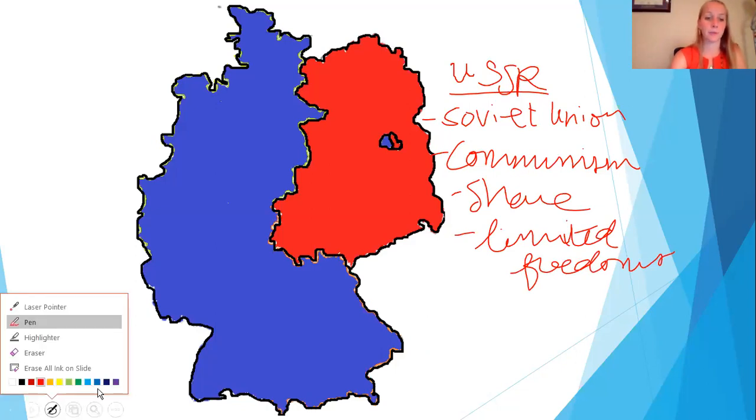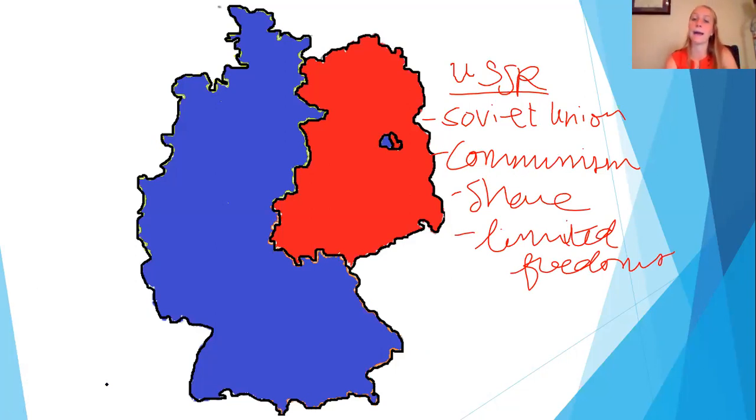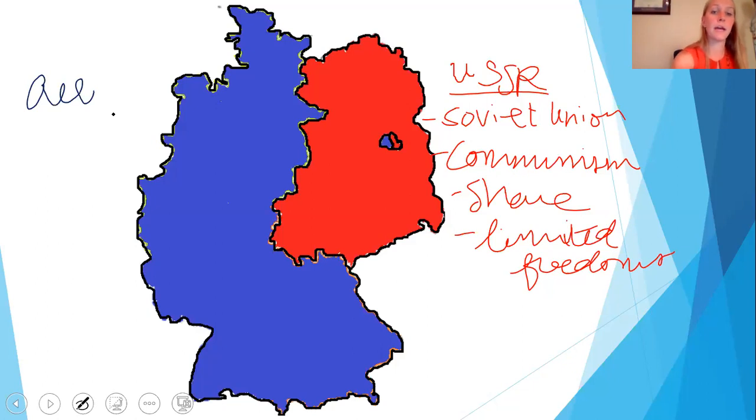And same thing here, we want to talk about just kind of the characteristics of why this region is the way that it is. So on this side, and I apologize for my handwriting, it is very difficult to write on this screen. But this side, I would want to put that it is the Allies. And then we would just kind of talk about each of the countries that make that up.